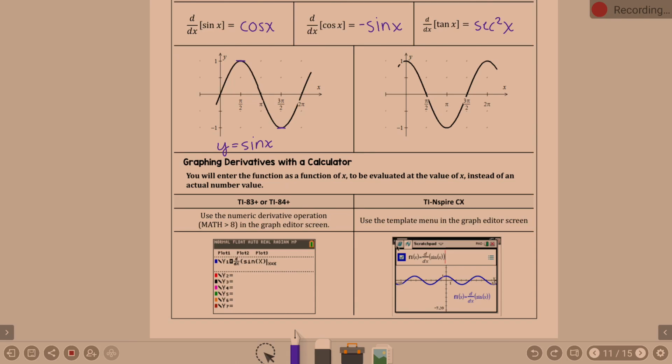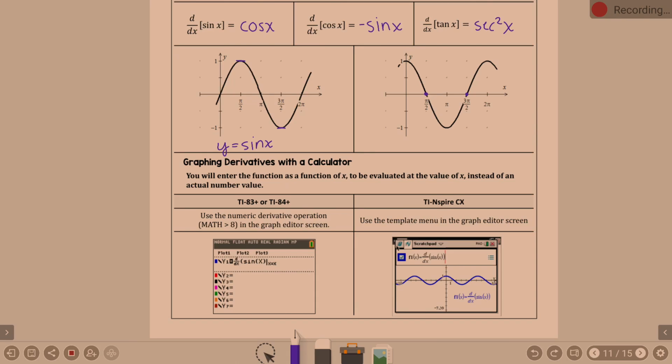When we have a max or a min, what's the derivative at those maxes and mins? The derivative is 0. So if the derivative is 0, that means there's going to be a 0 at pi over 2 and a 0 at 3 pi over 2.